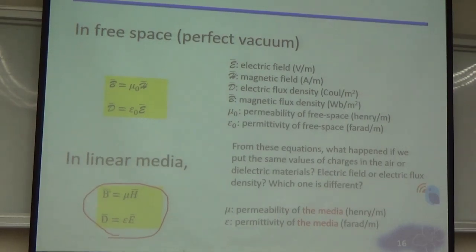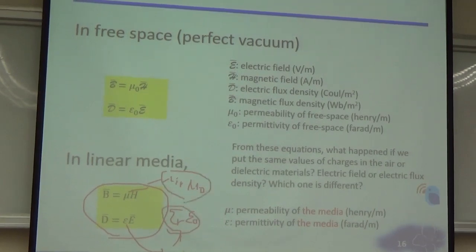Here B equals mu H and D equals epsilon E, where mu equals mu_r multiplied by mu_0, and epsilon equals epsilon_r multiplied by epsilon_0.